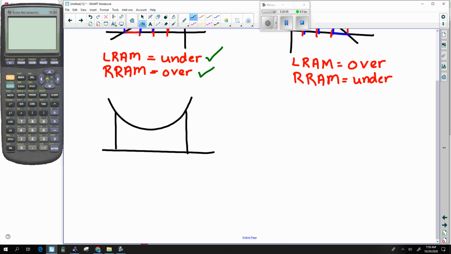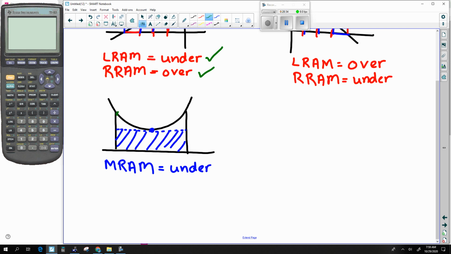And so what you would do is, if it's concave up, let's take an MRAM. So the midpoint is determining it. And notice that the height of that rectangle would be missing a lot of area. The area of this rectangle is not the area under that curve. That would be an underestimate.